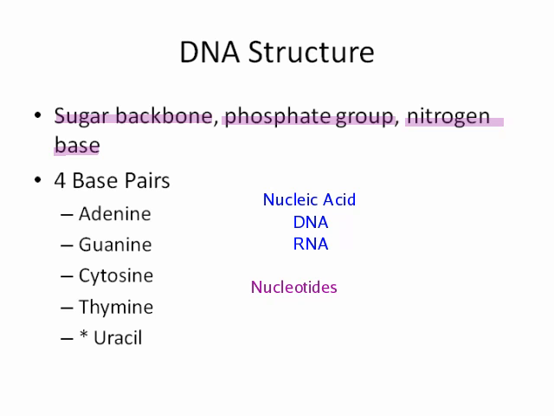Now, it is the nitrogen base that we need to be most familiar with and concerned with as we go forward, looking into how exactly DNA copies itself and how we go from DNA to RNA to proteins. So it's these nitrogen bases that are vital for our understanding.